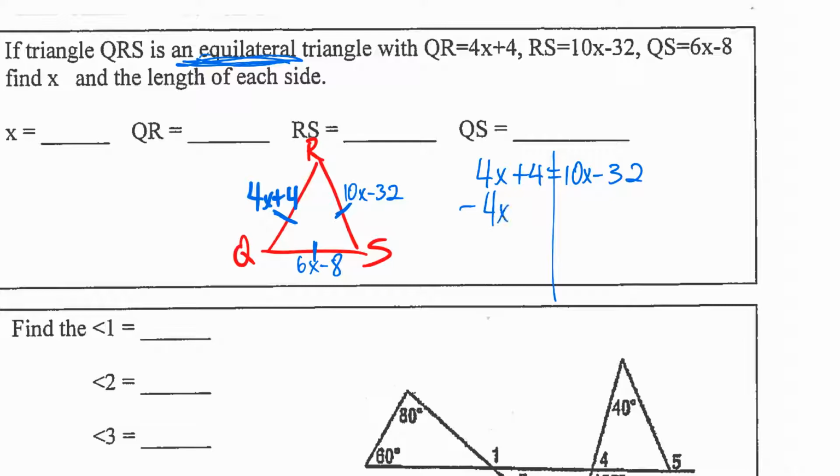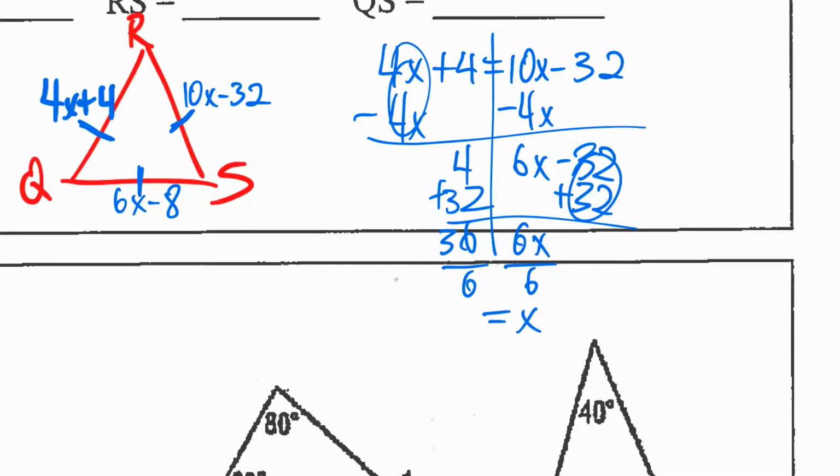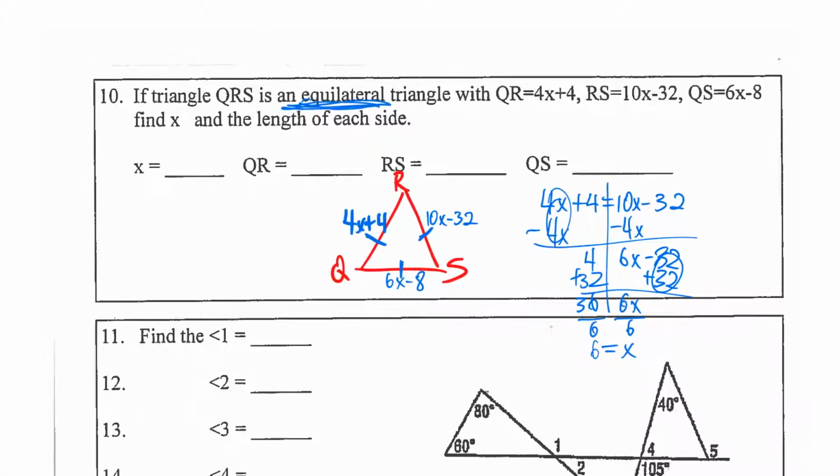So I'm going to go through this quick. Subtract 4x from both sides. This zeroes out. We get 4 equals 6x minus 32. Add 32. That zeroes out. 6x equals 36, divided by 6. And so x equals 6. All right, x equals 6, and I'll take that 6 and plug it up here.